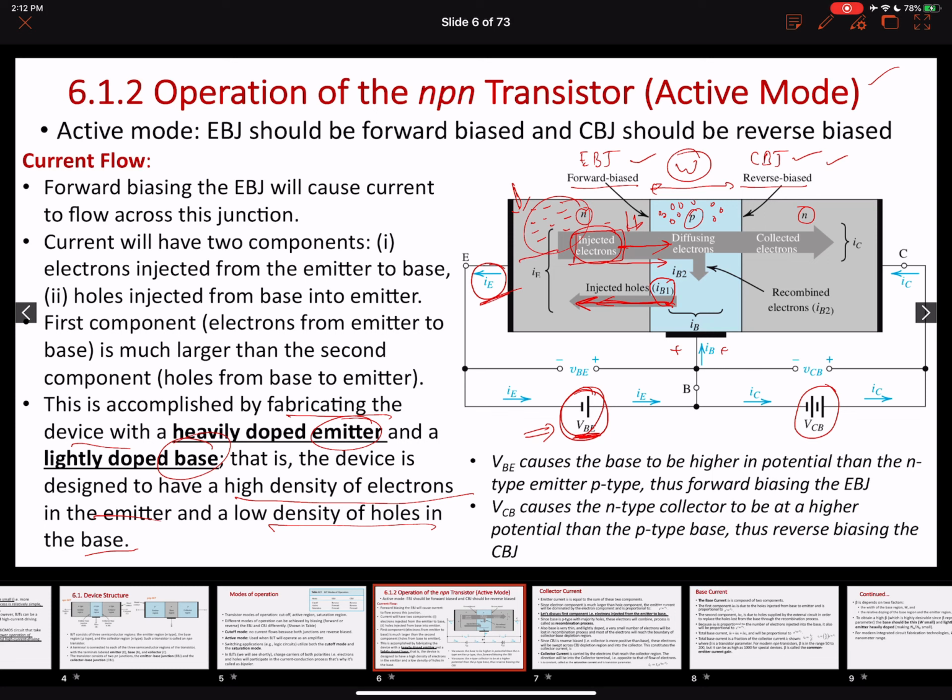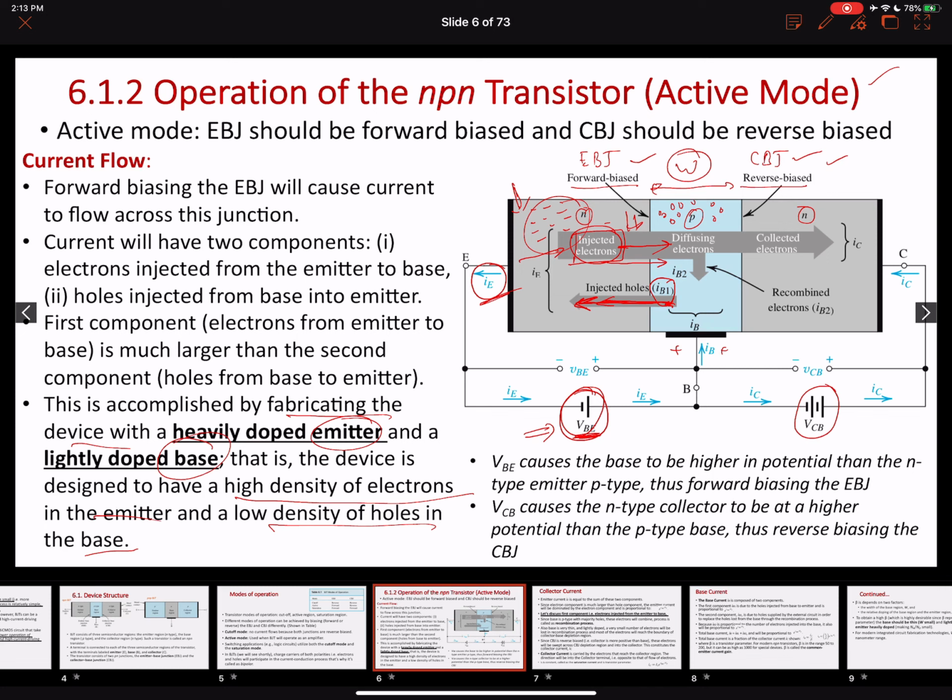We know that there were some holes available in the base region. Some of these holes were injected back from the base to the emitter. However, some of these holes will be combined with the electrons and get neutralized. The process is known as recombination.